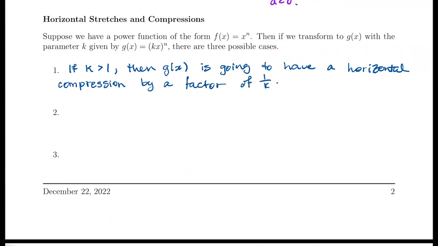So that's always going to be the case with horizontal stretches and compressions. You're always going to take 1 over the value, because if we kept it as the k value, it's going to be representing the vertical, right? But if we take 1 over, we're flipping it, so we're looking at what happens to it horizontally now, not vertically.